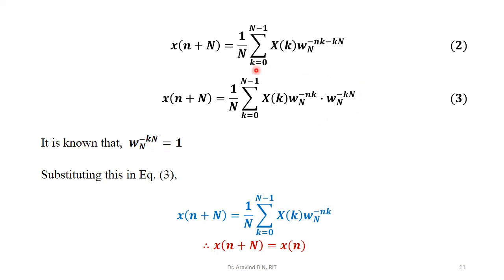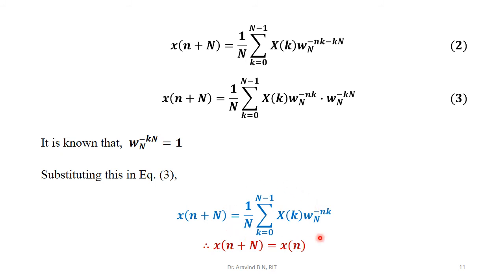So in this particular expression, replace this value by 1. What is remaining? Only this much remains, which is represented here: x of n plus N is equal to 1 by N, summation k equal to 0 to N minus 1, X of k omega N power minus nk. This right hand side part I can simply represent as x of n, because the expression for the IDFT is x of n equal to this part.